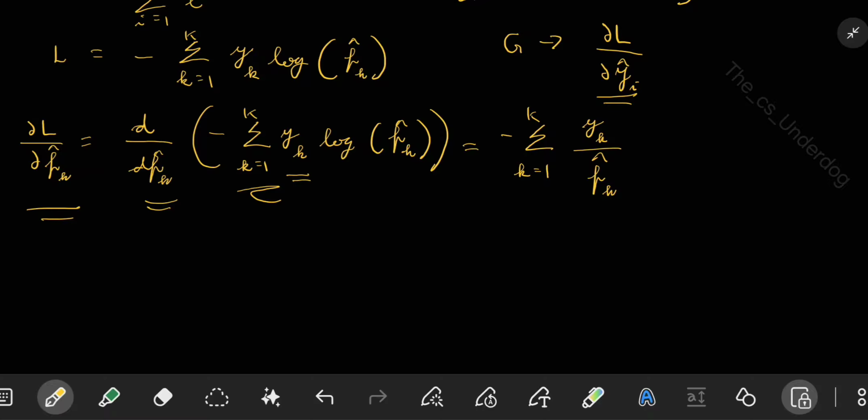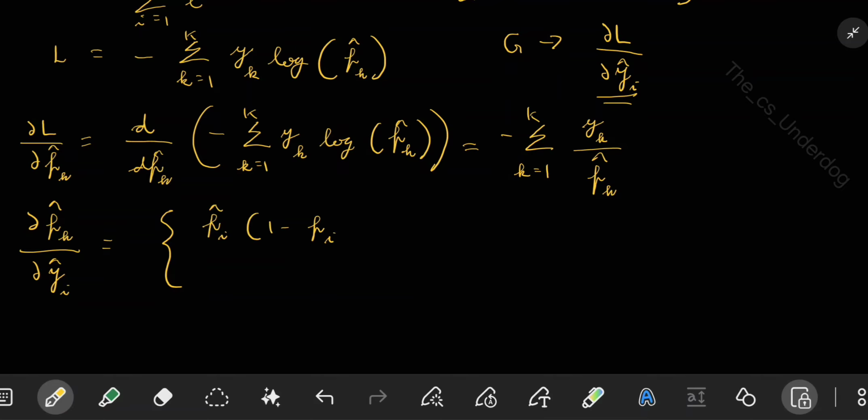Now I have to find the second part. What is the second part that we just discussed that we have to find out? That is del pk cap divided by del yi cap. So this will have two particular values. First value is pi cap into 1 minus pi cap.